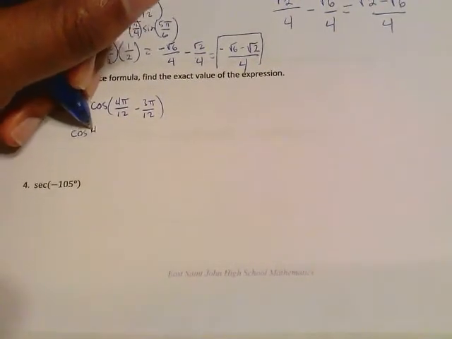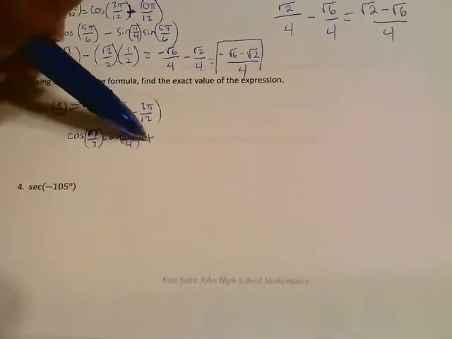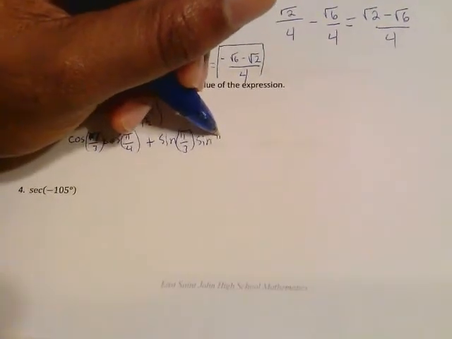cosine of pi over 3 times cosine of pi over 4 plus, this time, the difference with the difference formula is that you have the opposite sign here. So plus sine pi over 3, sine pi over 4.